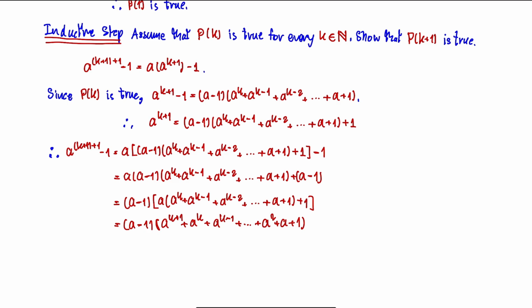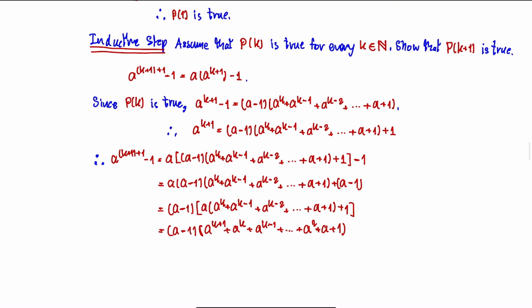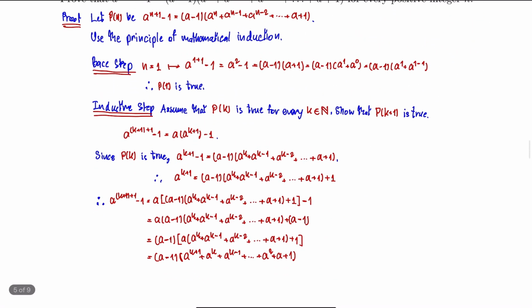So we distribute this a, so this term becomes a term with a, and the last term is now 1. Okay, so we have shown that when n becomes k plus 1, we have the same form, all the way down to a plus 1.